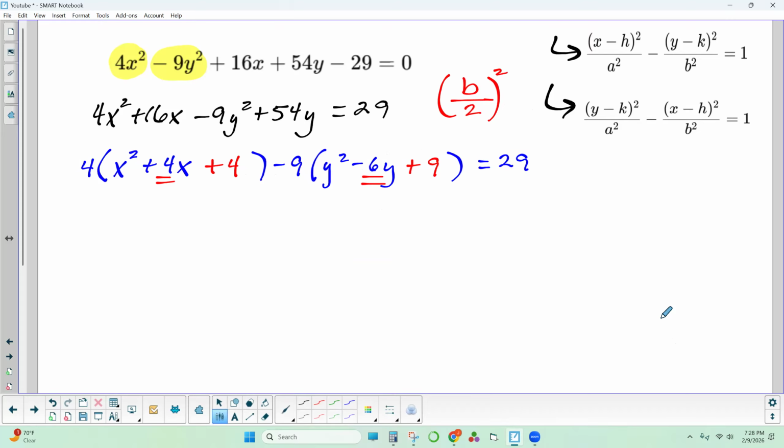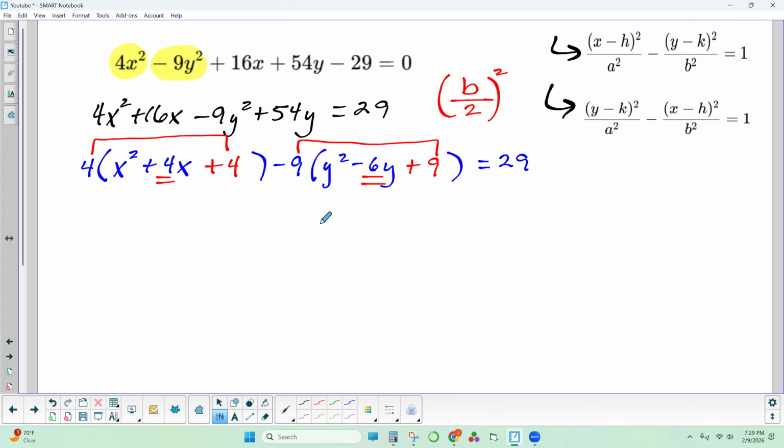So it appears that we've added 4 and 9, but actually, everything we're going to add here gets multiplied by that factor that we took out to begin with. So we added 16 and we subtracted 81. If you subtract 81 and add 16, that's going to be negative 65.